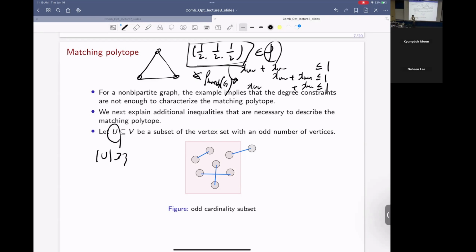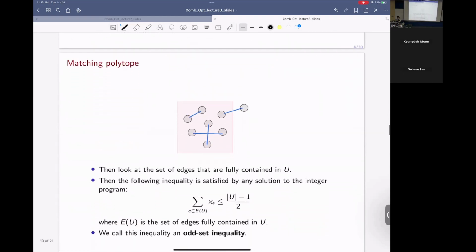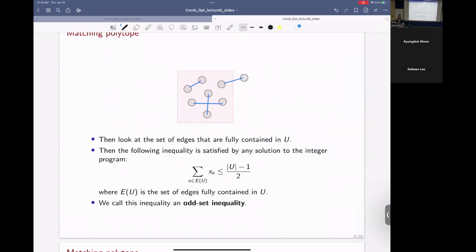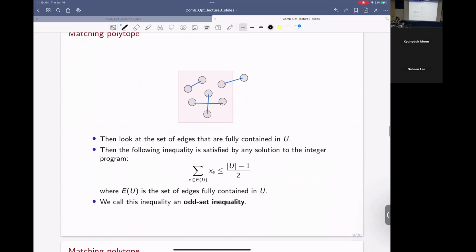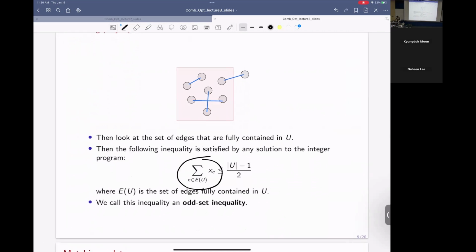This is another example. So basically, if you count the number of matching edges that are fully contained in this set, it has to be at most |U|/2, and because |U| is odd, it's less than or equal to (|U|-1)/2.